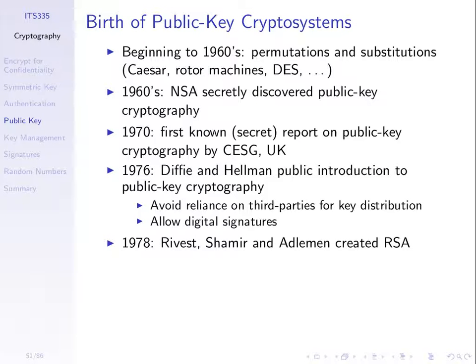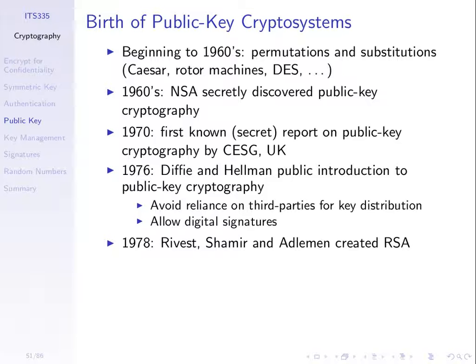Symmetric key encryption was used from maybe 2,000 years ago up until maybe the 1950s and 1960s, and is still used today. But in the 1970s, maybe, around that time, people discovered, or designed, a new approach called asymmetric key encryption or public key encryption. And different people had a large influence on that.